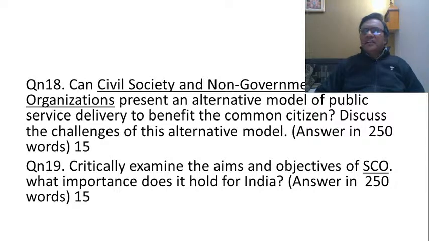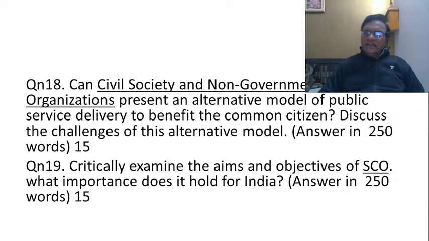There are very generic objectives, like strengthening the relations between the member countries by developing political, security, and economic cooperation. Then, it also talks about joint coordination between the members to confront threats from terrorism, extremism, and separatism, because all these member countries are facing so much threat from these things.